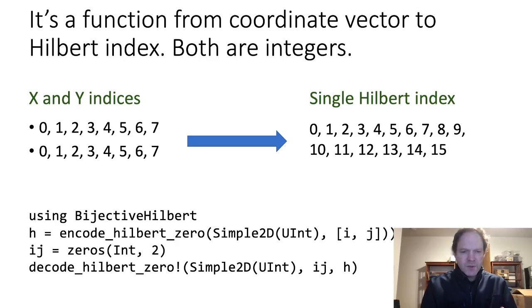So as you see below, you encode from an i and a j index into the Hilbert index, or you decode from the Hilbert index back into the i and j. We call it bijective because for each point in the x and y, there's a single point in the Hilbert space. This is always true as long as you know the size of the space of the Hilbert curve.